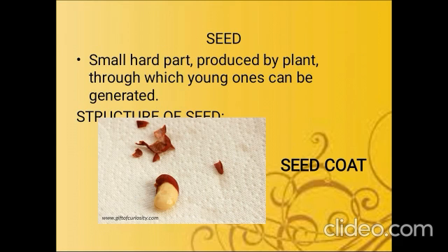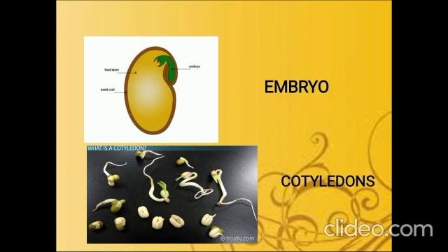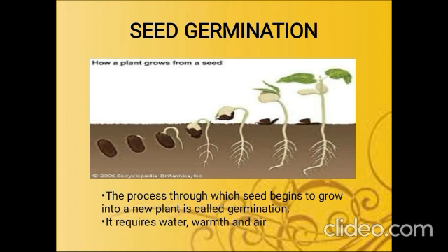So first we discussed reproduction through seed. The seed has a seed coat, embryo and cotyledons. With the help of these, the seed will germinate into a new plant by the process of germination. By the leaves present in the plant, we can determine whether it is a monocotyledon or dicotyledon.